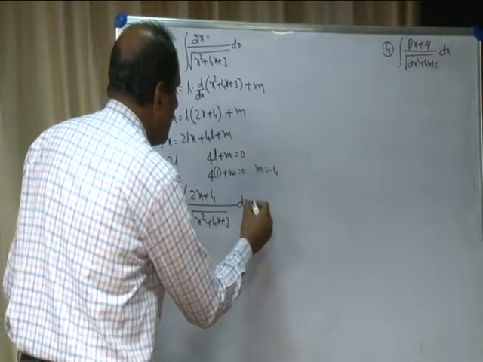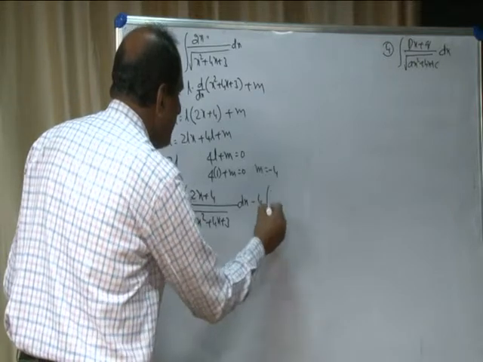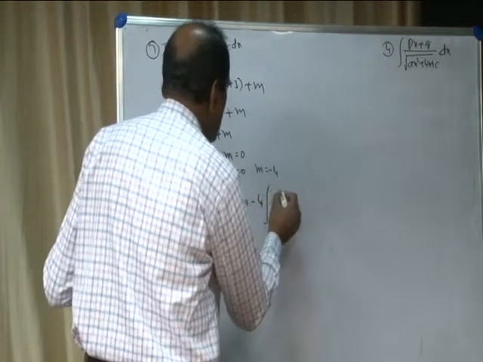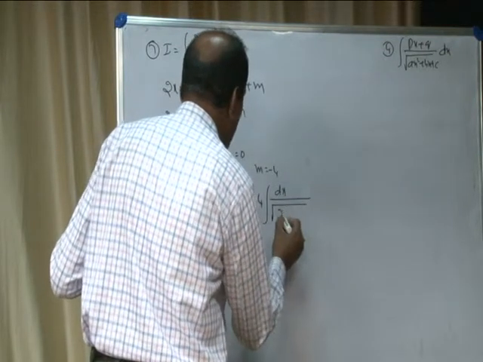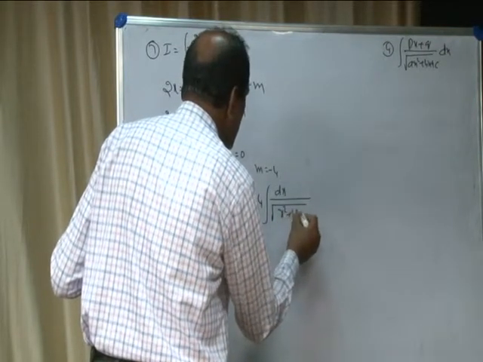So, the m value is minus 4 into dx divided by root of x square plus 4x plus 3.